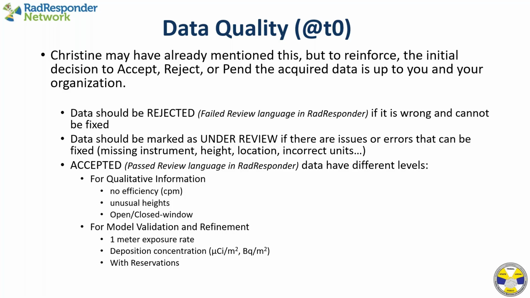Do I have an open window or closed window measurement? Do I have a beta contamination situation? Is it a strontium-90, yttrium-90 release, where I need that open window measurement versus the closed window measurement? Very, very important. But when it's qualitative, I can live with a lot of things.